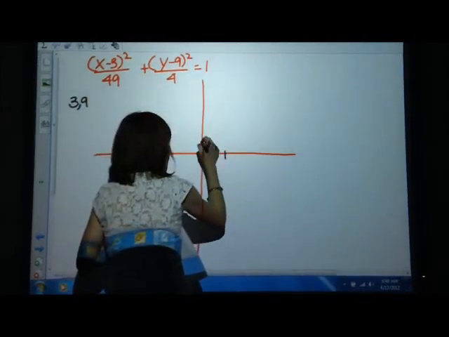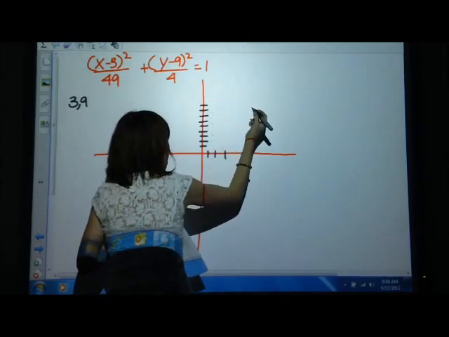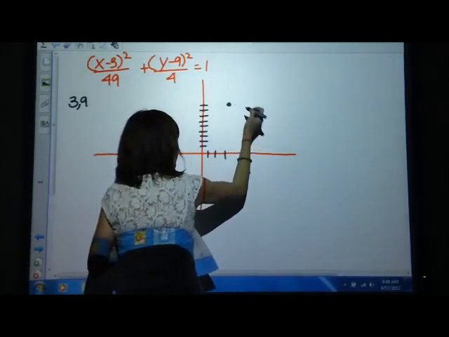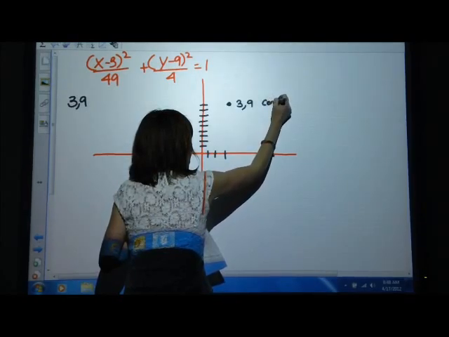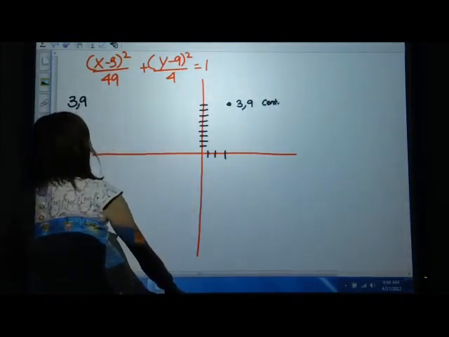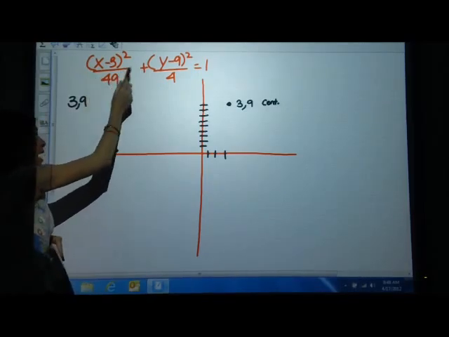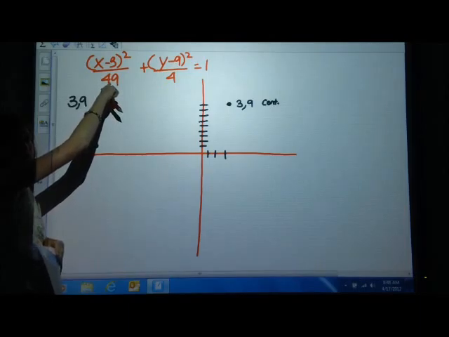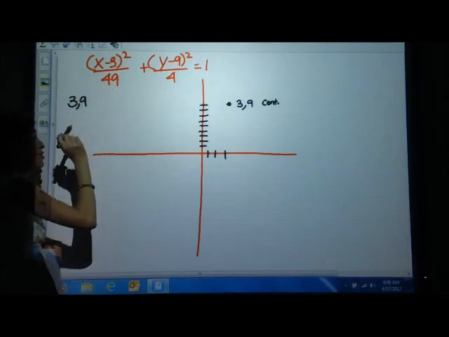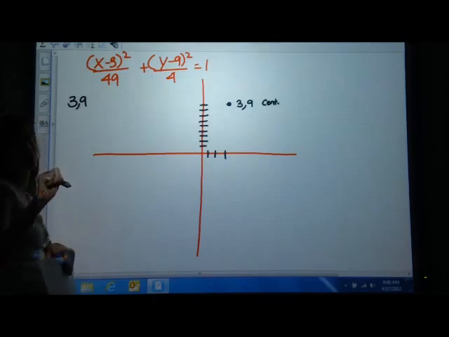1, 2, 3, 1, 2, 3, 4, 5, 6, 7, 8, 9. And I'm going to mark it. Okay? (3, 9). And I might even put a center right there for myself. Then I'm going to talk about my a and my b. I know already that my a squared is 49, so my a is 7. That means from the center I'm going left 7 and right 7.